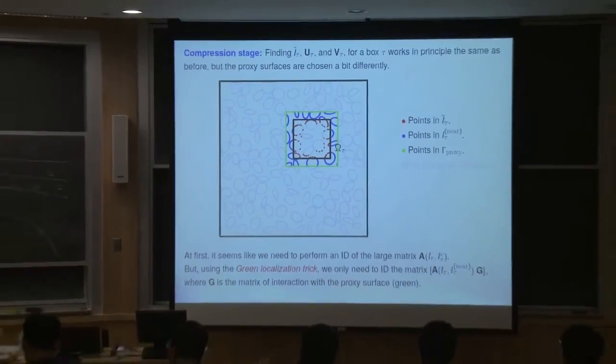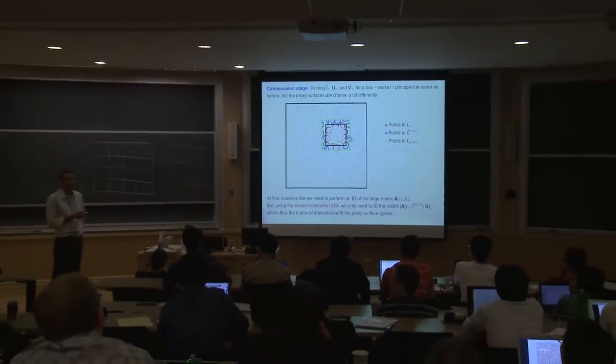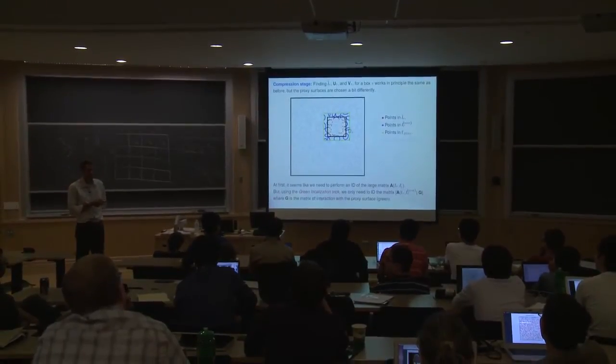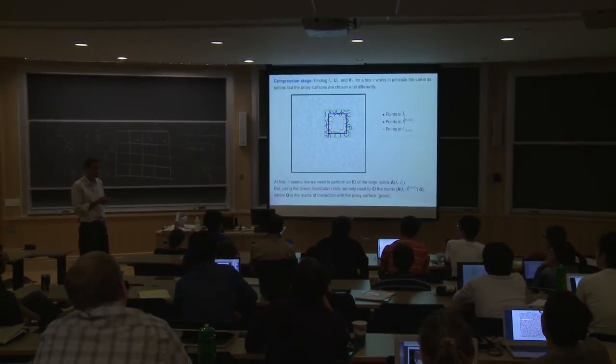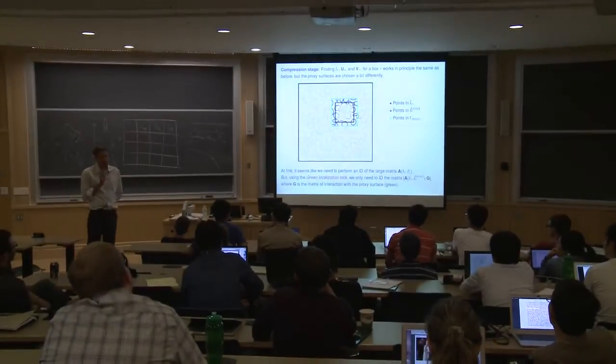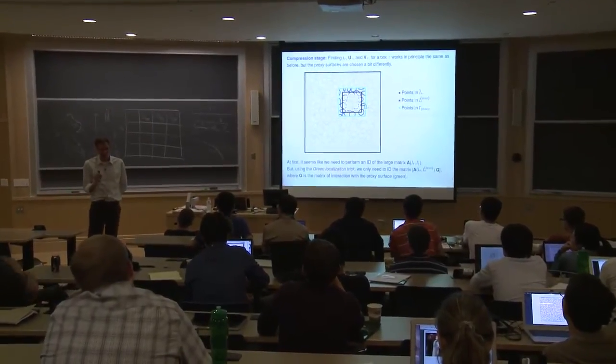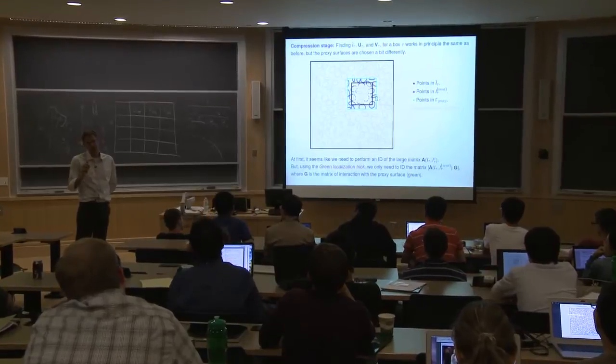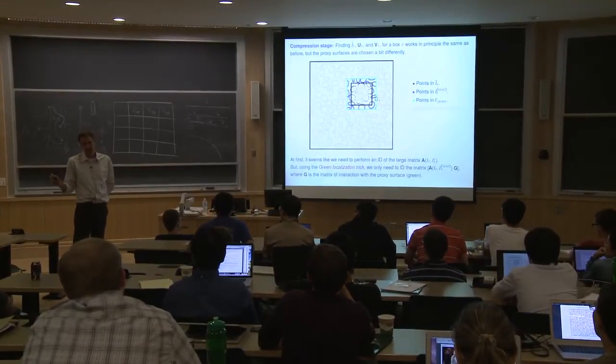Yeah? Can you explain more about how you adjust the charges on this proxy box? What is the value of the...? So what I'm looking at is the map. I'm not doing this for a specific set of charges in the proxy box. What I'm looking at is a map.